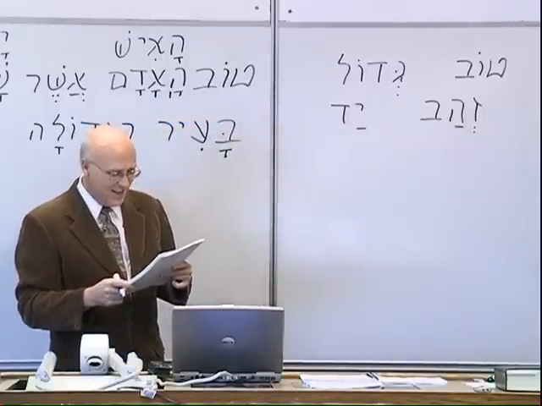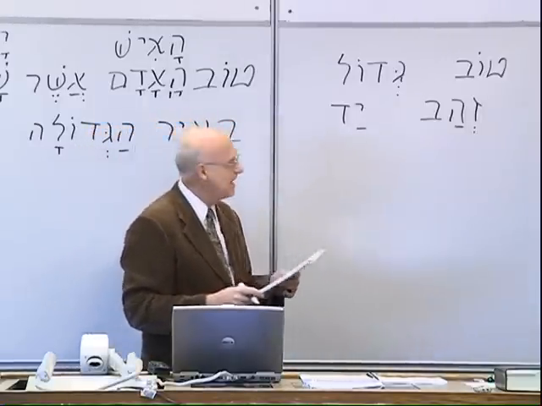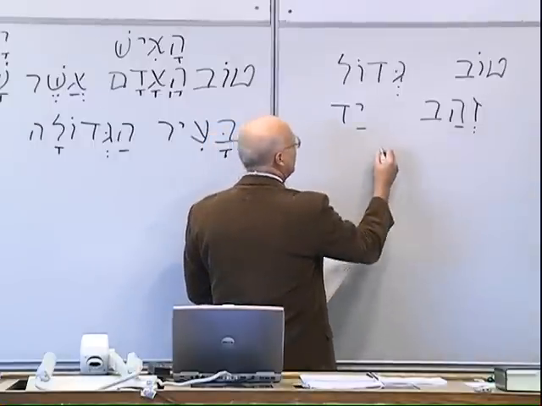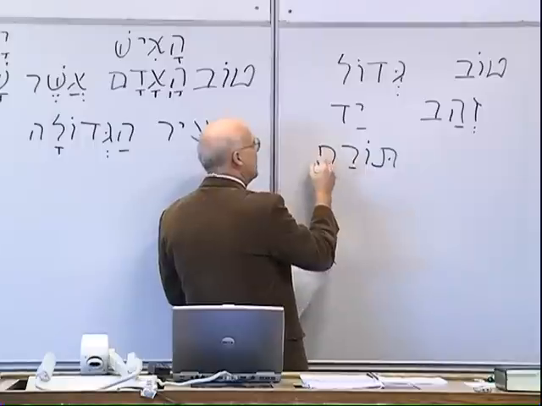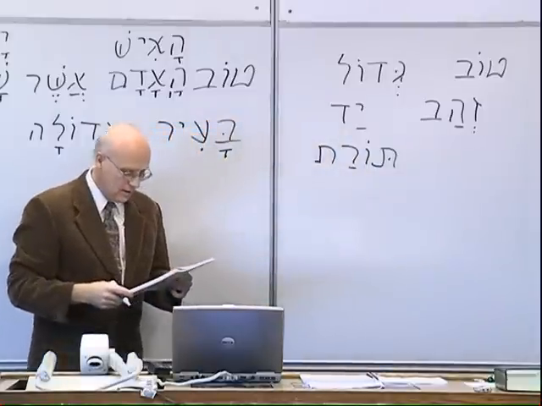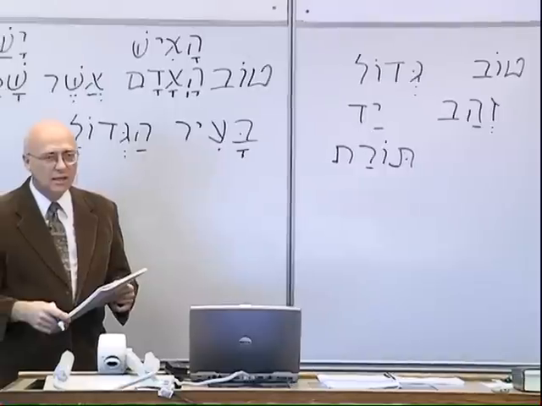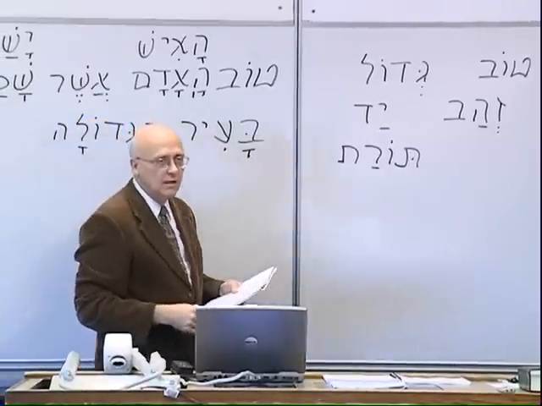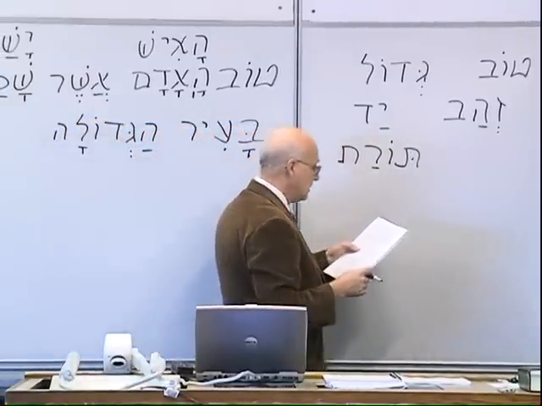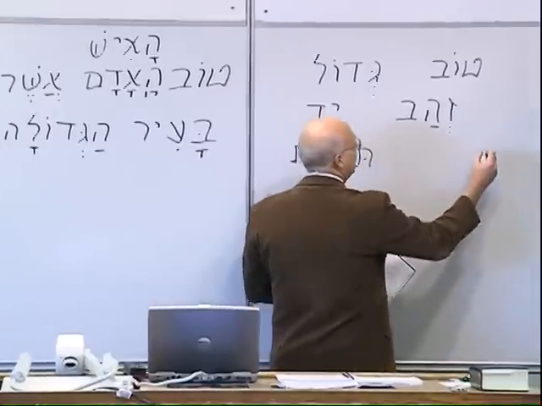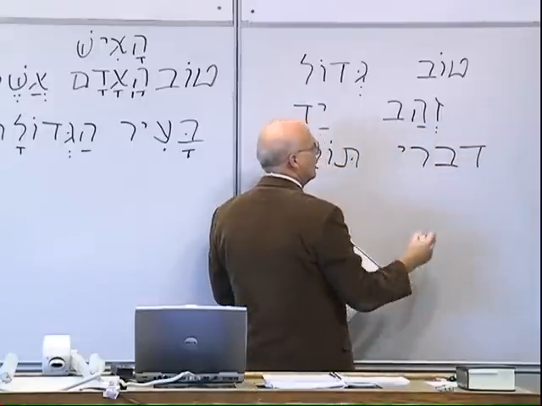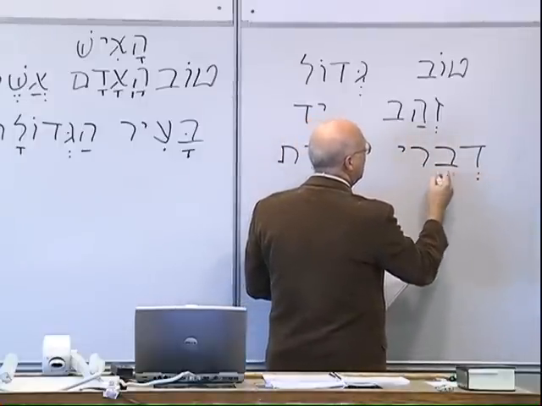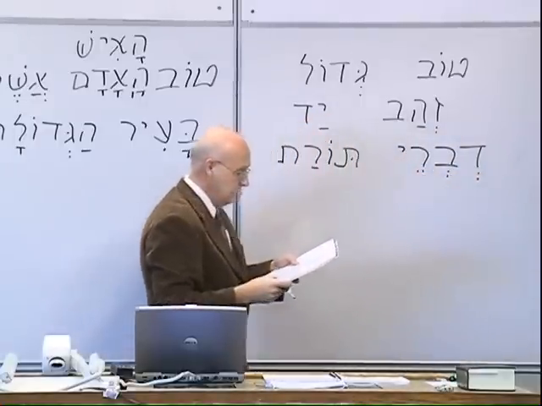Okay, so Franz, number 9. That's torat. Okay, torat is the construct of Torah. All right? And Kempis, Devarim. Divrei. Okay, Divrei.